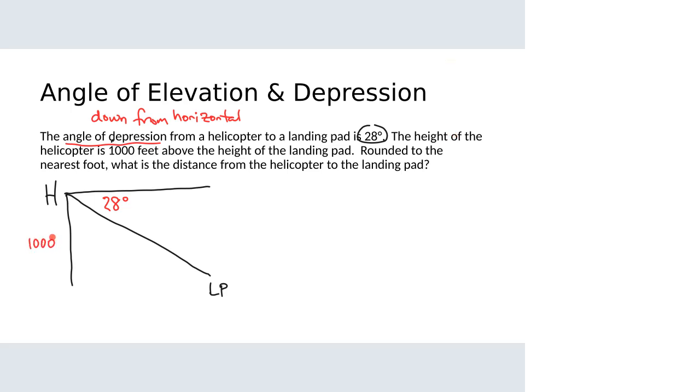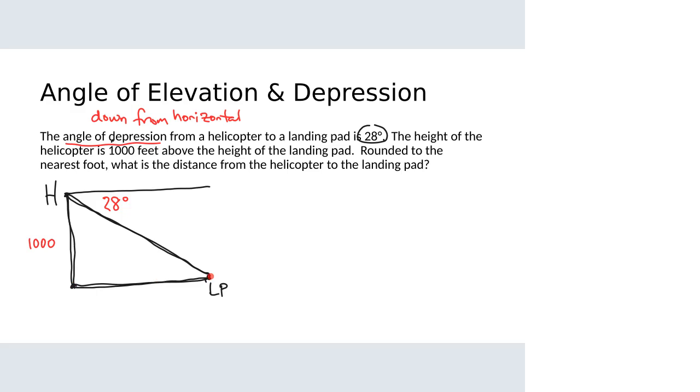So vertical distance straight up and down, 1,000 feet. And as I look at this, I can kind of see I've made myself a right triangle with the distance from the helicopter to the landing pad, the height of the helicopter above the landing pad, and the ground. There's my right triangle.